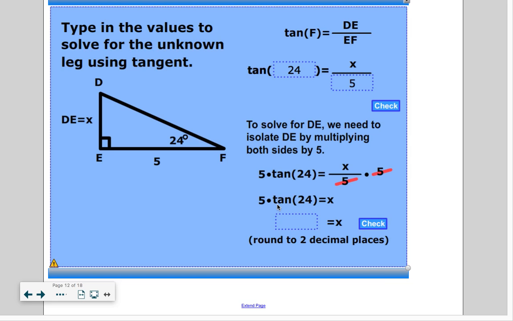You can type it in exactly as it has it there, or you can just type it in without the parentheses. I know the TI-84s will put the parentheses in automatically. I'm using my phone calculator right now, so I'd do 5 times 24, and hit the tangent afterwards, equals. Depending on your calculator, you might have to type in the angle first, and then hit your trig function.